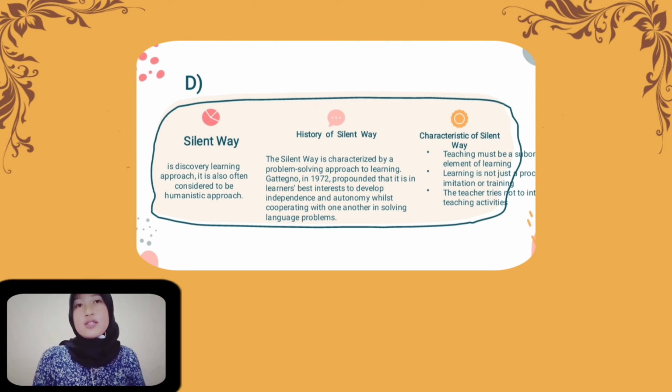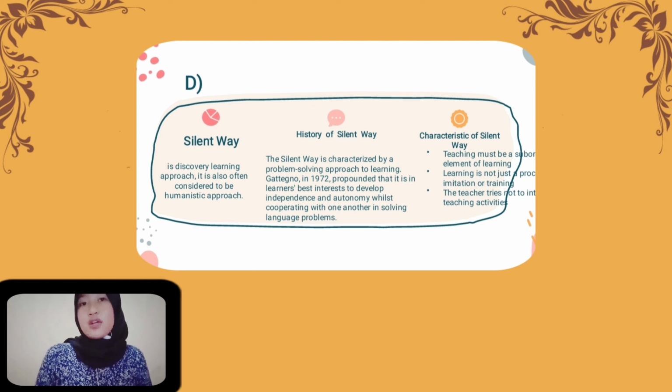General characteristics according to Karambelas, 1971. One, repetition and imitation should be avoided. Two, learners are only given the opportunity to listen once. Three, learning materials are never shown in a memorization aspect.